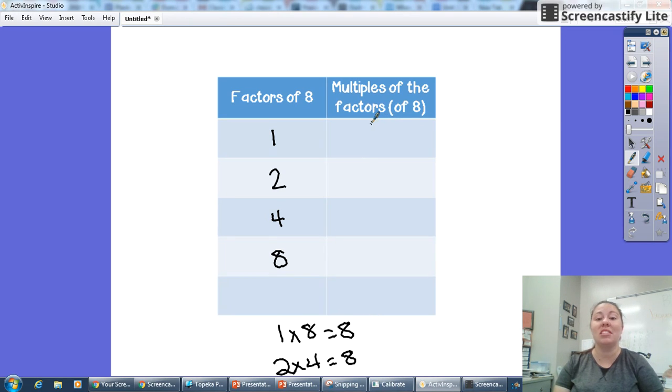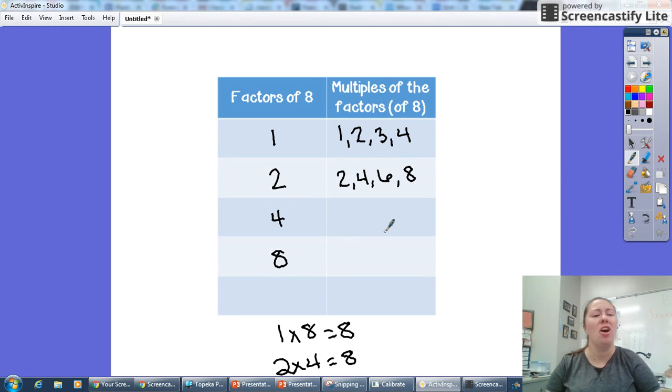But now if I wanted to list the multiples of the factors, I'm listing the multiples now of 1. So I'm counting by ones: 1, 2, 3, 4, and so on. Multiples of 2 now. So I should have 2, 4, 6, 8. Multiples of 4. Hey, wait, maybe I'm not sure what the multiples of 4 are.